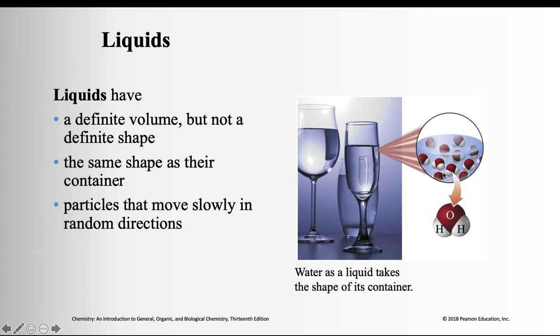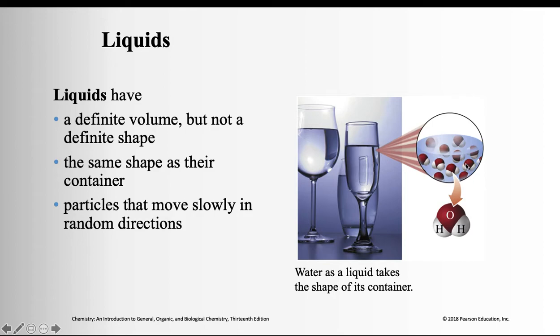They're not rigid anymore, but they're in close proximity, not as close as a solid, but they're close enough to feel the attraction or the interaction of the other molecules around them. Therefore, they move a little better, but they're not independent of the other molecules in that liquid.